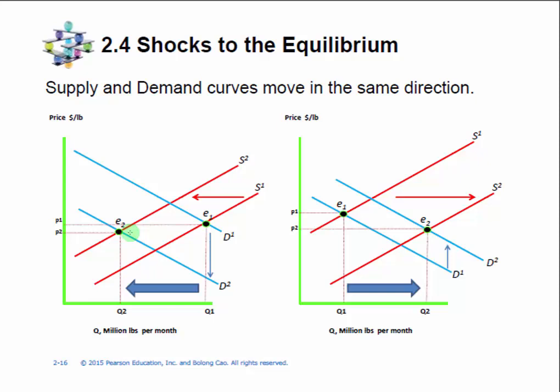But if you don't have a concrete picture, it's uncertain. Now for the picture on the right, we have demand increase, demand shifts to the right, supply also increases, supply shifts to the right as well. What we know for sure is that the quantity increased from Q1 to Q2, and the price actually dropped a little bit.